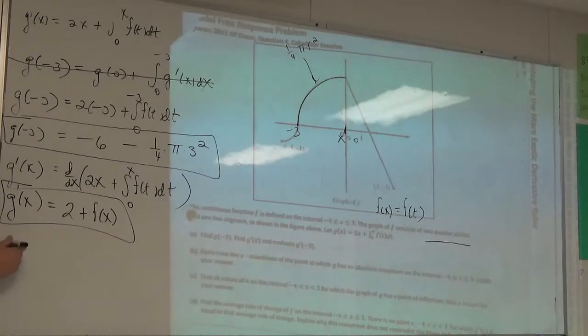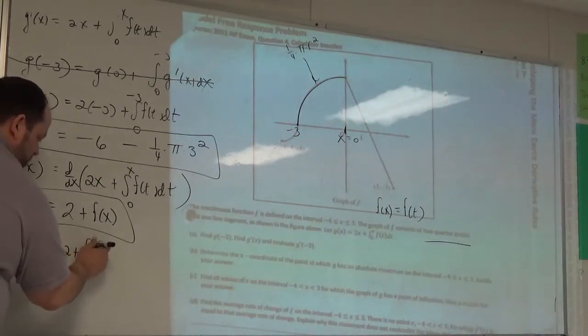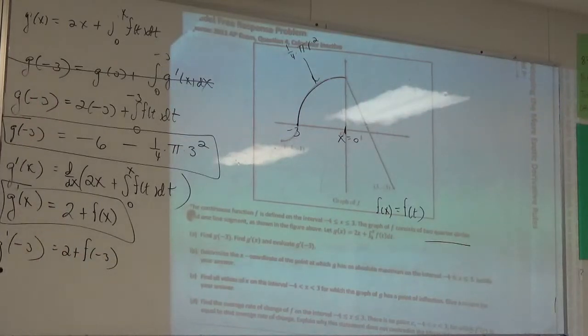There's another point. And then g prime of -3, so that's 2 plus f of -3. What's f of -3? F of -3 is 0. So we just get 2. Do we need to solve for f of -3, or can we just put f of -3? Well, you cannot just leave it as f of -3.